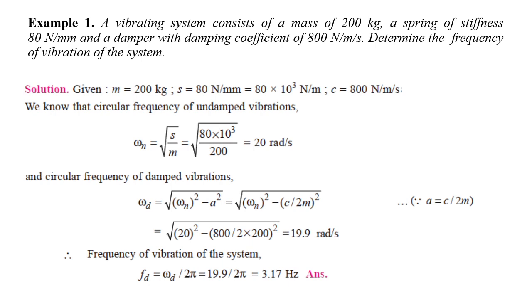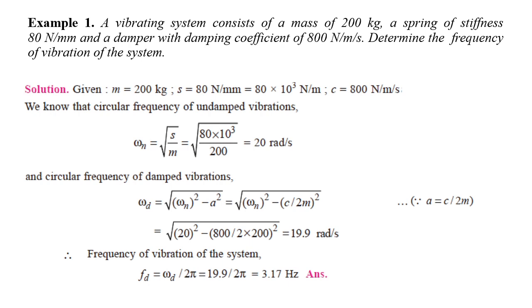For damped vibration, Fd is equal to omega d upon twice pi, or it can be said as 1 upon twice pi square root omega n square minus a square. Omega d is circular frequency of damped vibration. First we need to find out that. Omega d is equal to square root omega n square minus a square, where omega n is equal to square root s by m. First find out this omega n, where s is again the stiffness of the spring, which is 80 Newton per mm.